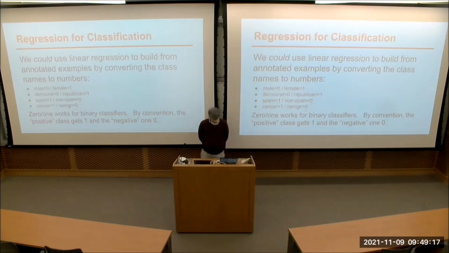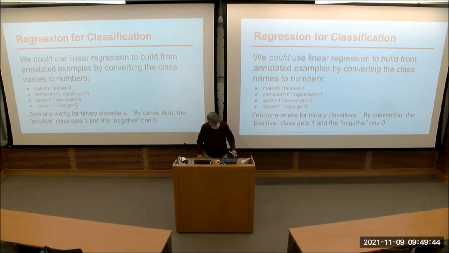There's one idea as far as how you could do classification based on regression that may come to mind, where you could use linear regression to do classification. Suppose we turned our class names to numbers. Again, that's often a good practice.